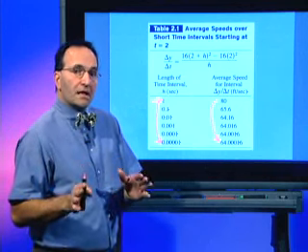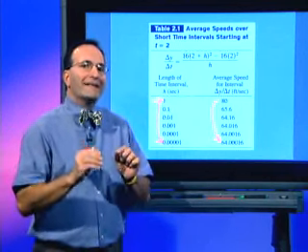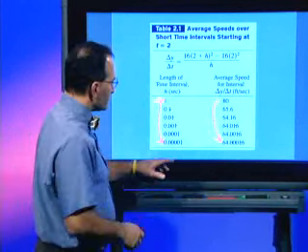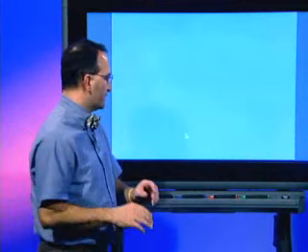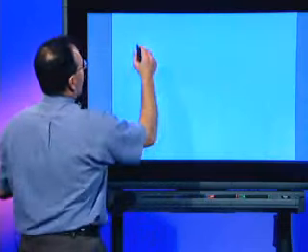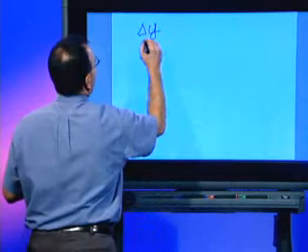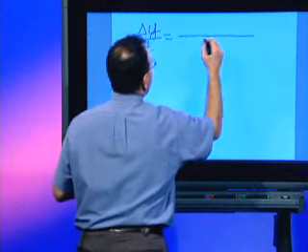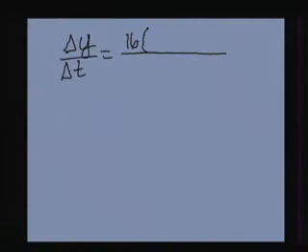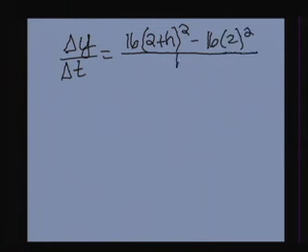So now I'd like to look at this algebraically. Take that equation I had before, delta y over delta t is equal to 16 times the quantity 2 plus h squared minus 16 times 2 squared, over h.